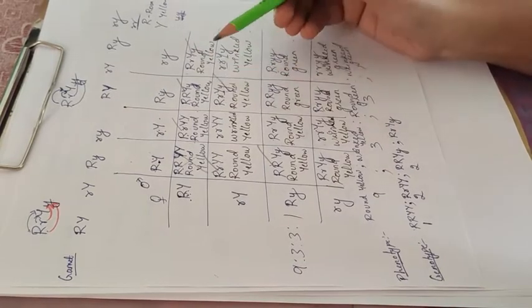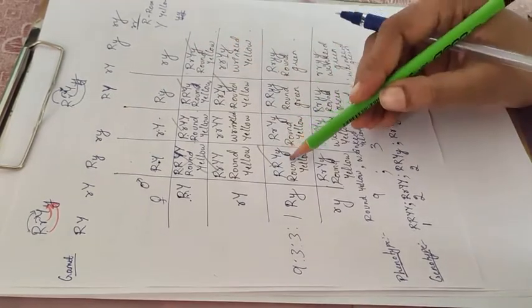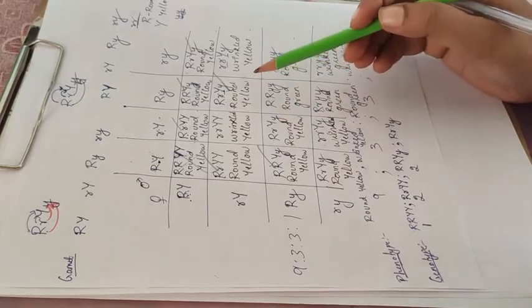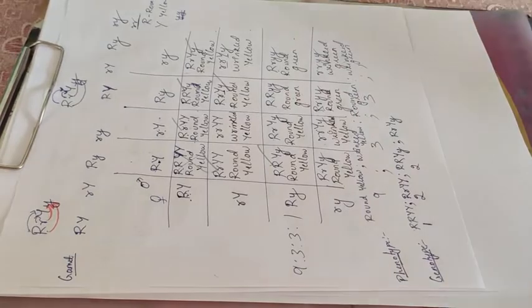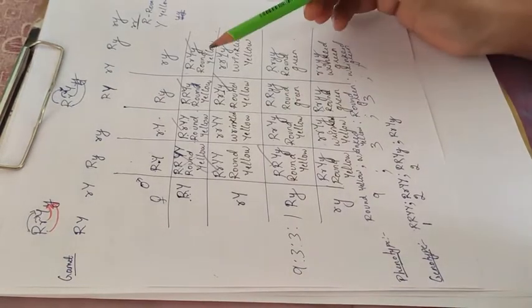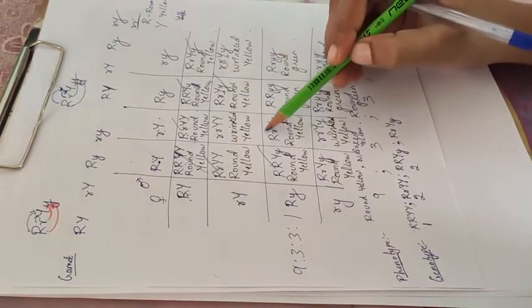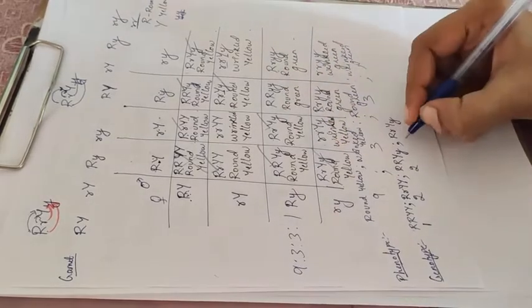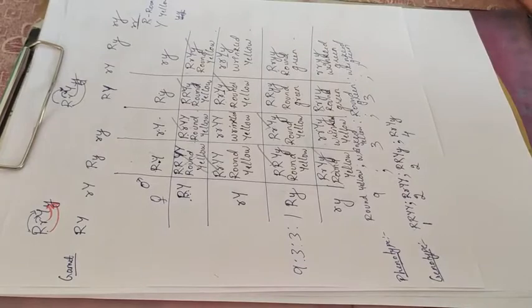Here you can find one more, 2. This is 1, 3. This one is 4. So totally you will find 4.